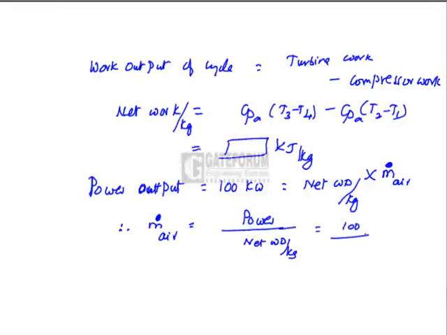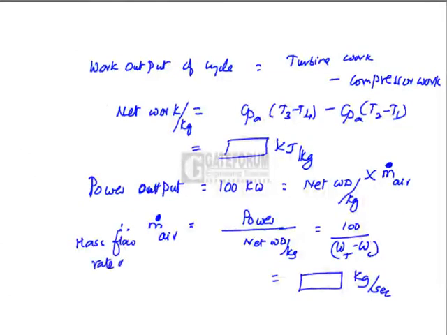That is 100 divided by work of turbine minus work of compressor in kilojoule per kg. That gives the answer for mass flow rate of air in kg per second. That is the answer for the problem.